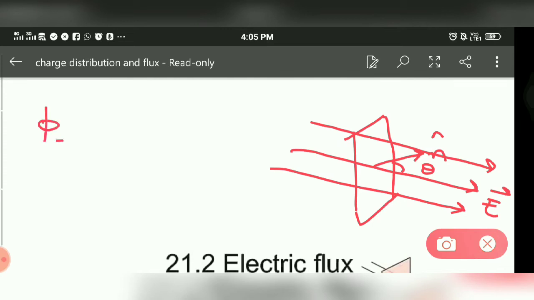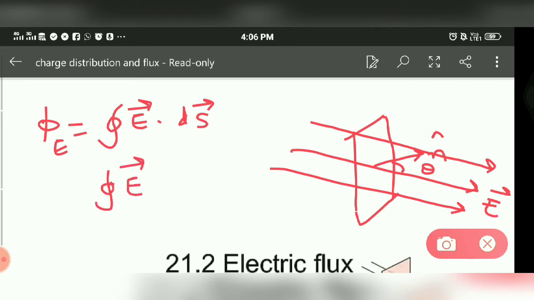So phi E equals integral of E dot ds, where ds is equal to what actually? ds n cap, where ds is only a magnitude, so we take E dot n cap ds.